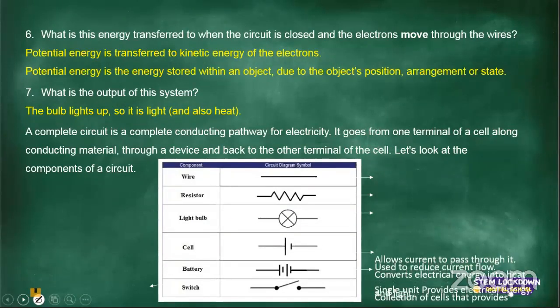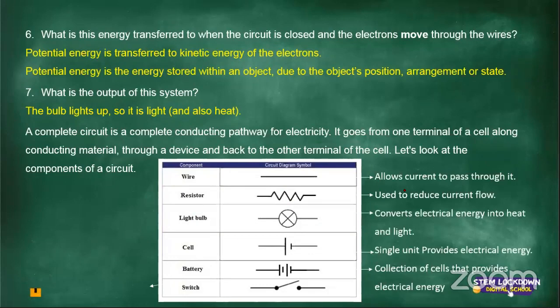So I'm going to put the answers up for you. The wire. The wire allows current to pass through it. Now a resistor is used to reduce current flow. So remember, we're going to do this on Monday, and I'm going to go in depth to it. We're going to reduce current flow. So this is a resistor. So the light bulb converts electrical energy into heat and light.